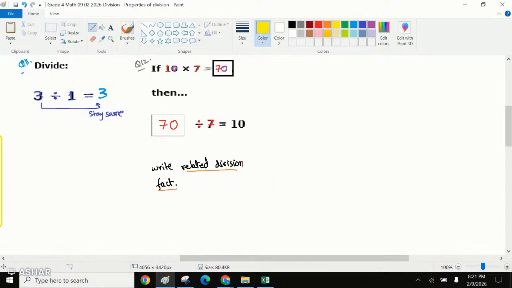See, what we have already done is 70 is divided by 7, right? Now, can we say when 70 is divided by 10, it should also equal 7. Okay? Yes. Thank you, May.